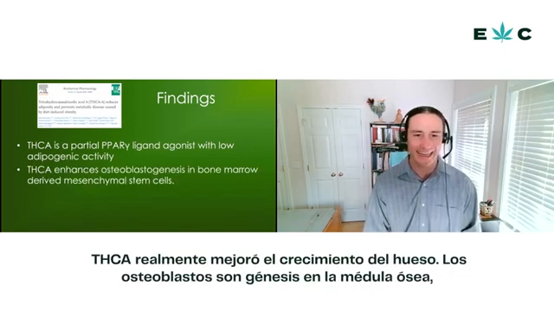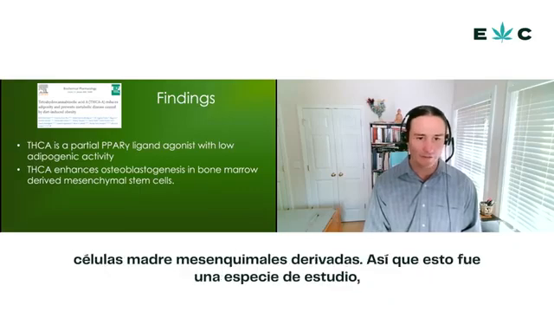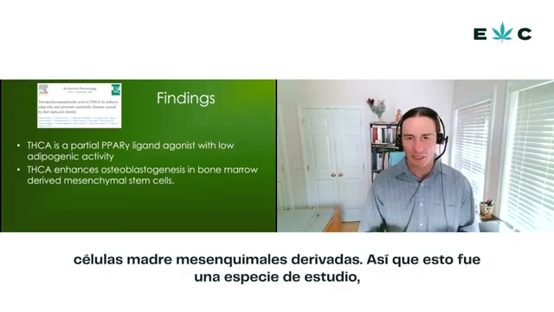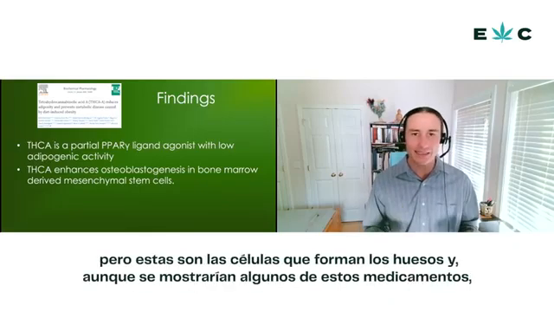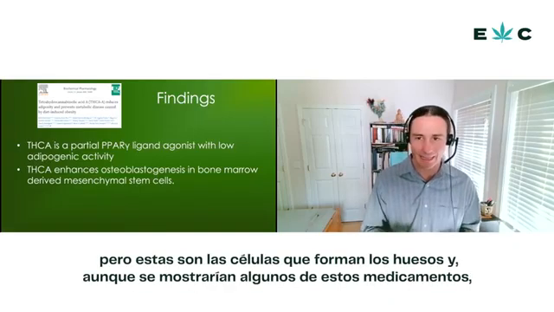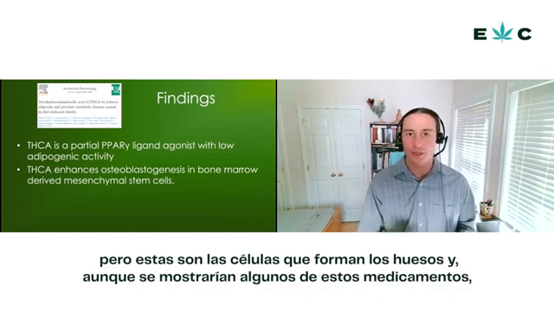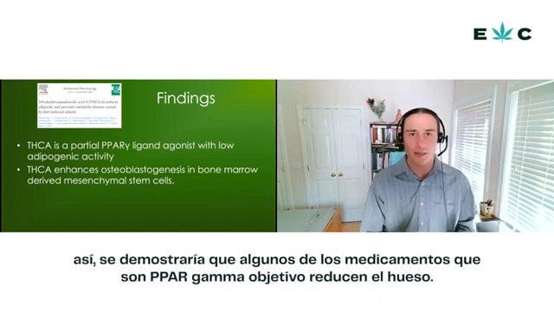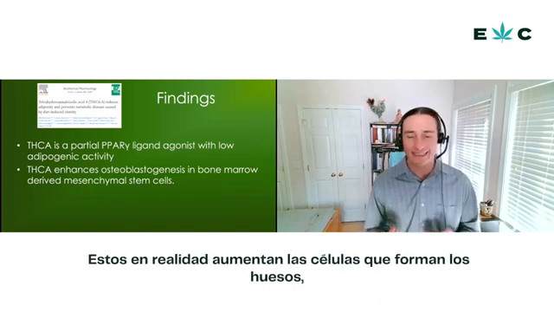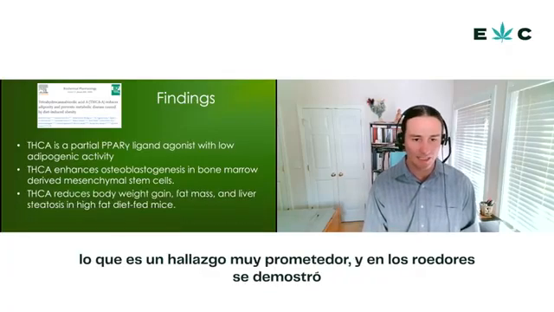THCA actually enhanced the growth of bone, the osteoblastogenesis in bone marrow derived mesenchymal stem cells. So this was kind of a petri dish study, but these are the cells that build bone. And while some of the drugs that target PPAR gamma would be shown to reduce bone, these actually increase the cells that build bone, which is a very promising finding.